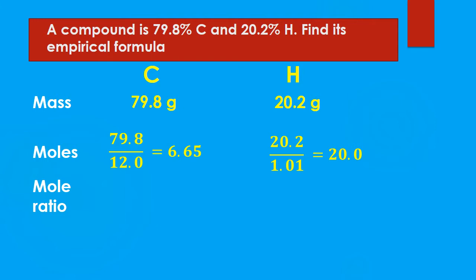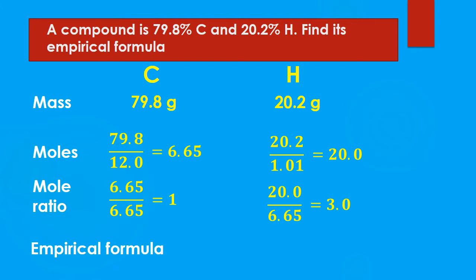So we're going to divide each number of moles, that is 6.65 for carbon and 20.0 for hydrogen, by 6.65. That gives us a mole ratio of 1 for carbon and a mole ratio of 3 for hydrogen. So our empirical formula tells us we have 1 carbon and 3 hydrogen. So our empirical formula will be CH3.